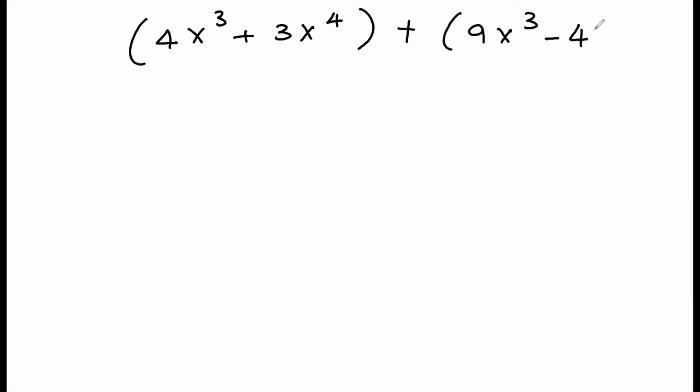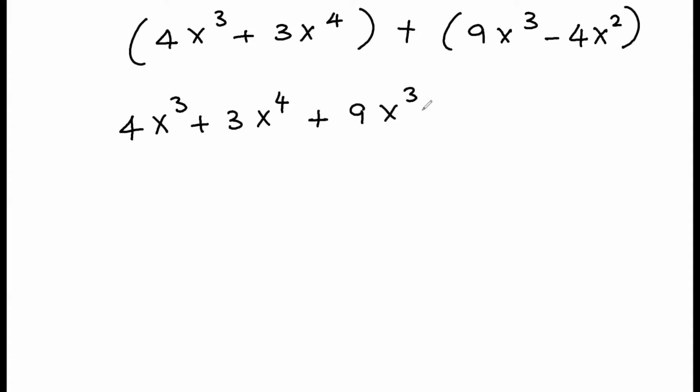4x cubed plus 3x to the fourth power plus 9x cubed minus 4x squared. I'm asked to add these two polynomials. So, like I said, because it is addition, I'm going to leave the two polynomials as they are and combine them with an addition sign.